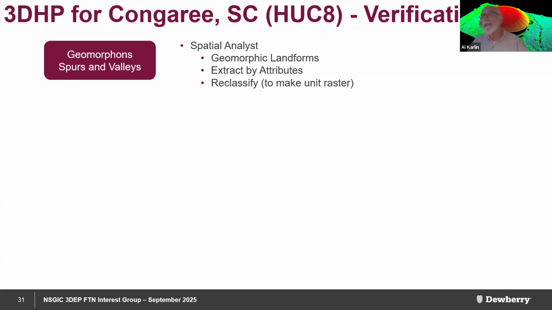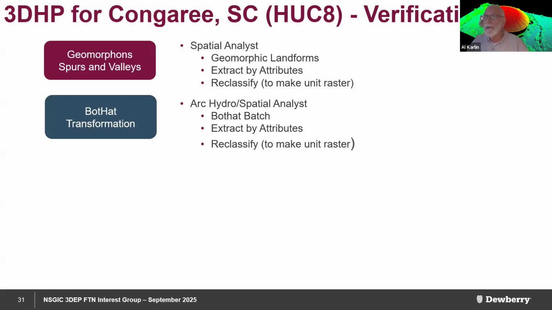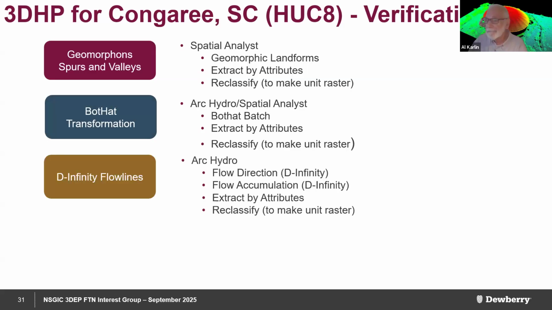We have a geomorphic landforms tool from which we extract the spurs and the valleys. We constructed a black hat analysis, which is an image analysis tool, which transforms the data. We use the bottom portion of the black hat to extract what should be valleys. We modify the D-infinity workflow, again, to find possible flow lines.